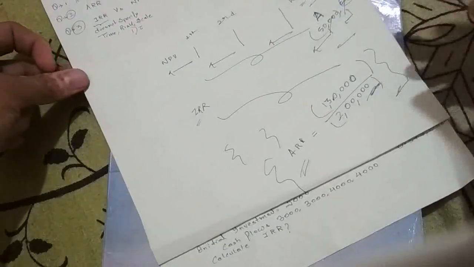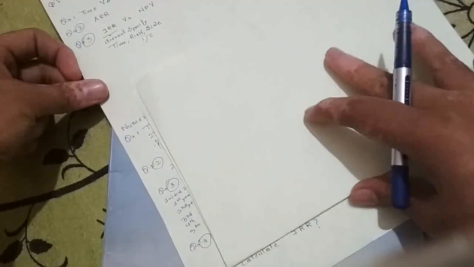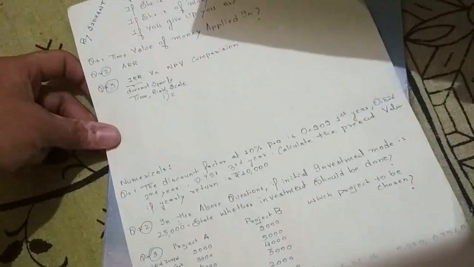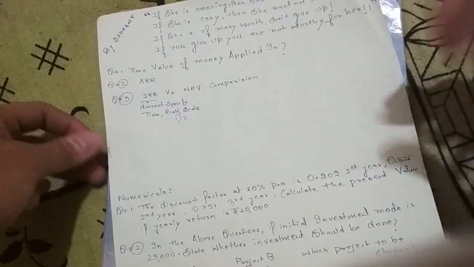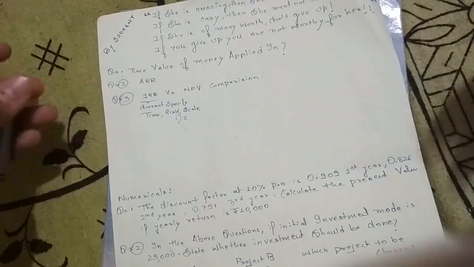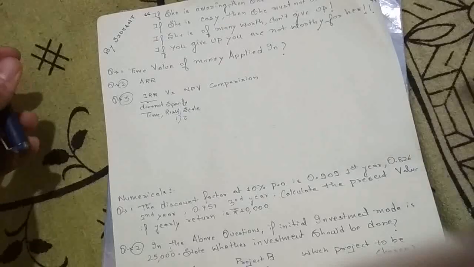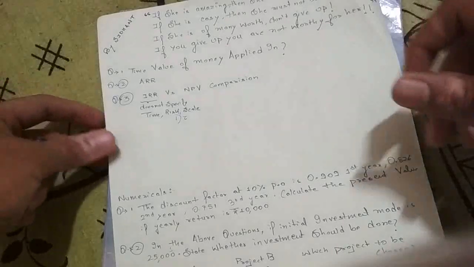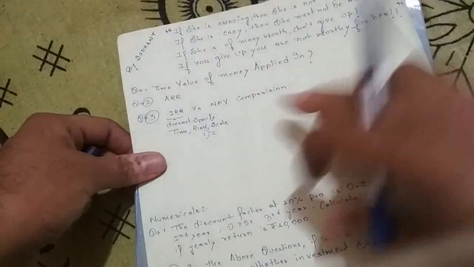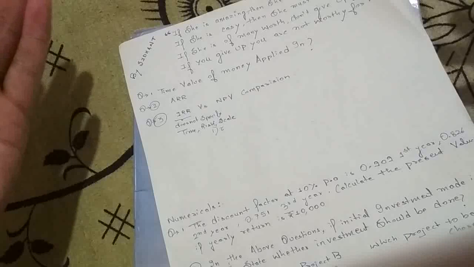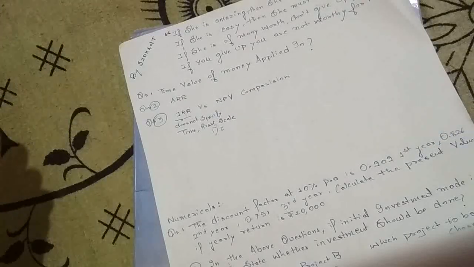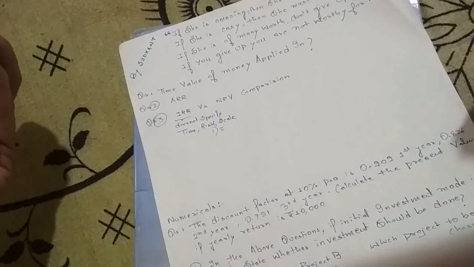Next, as I compared in the last chapter as well, the difference between the IRR and net present value comparison. The net present value is better than the IRR. Reason being, it gives the scale of the businesses we are doing. In IRR, the internal rate of return doesn't specify the time, how much time the project runs for, and it will not specify the risk associated with the project.